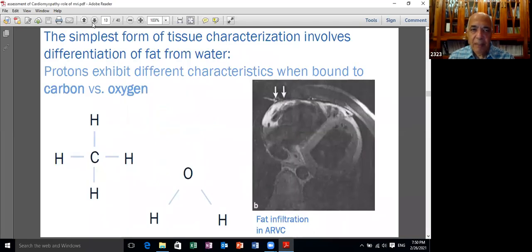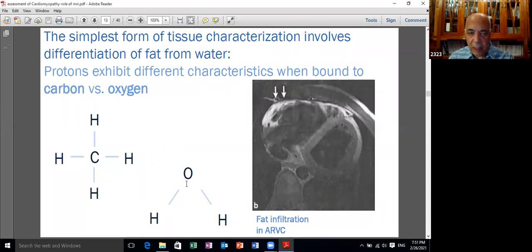Now, the simplest way by which tissue characterization occurs with CMR involves the differentiation of fat from water. In fat, the hydrogen atoms are linked to carbon, but in water, the hydrogen atoms are linked to oxygen.